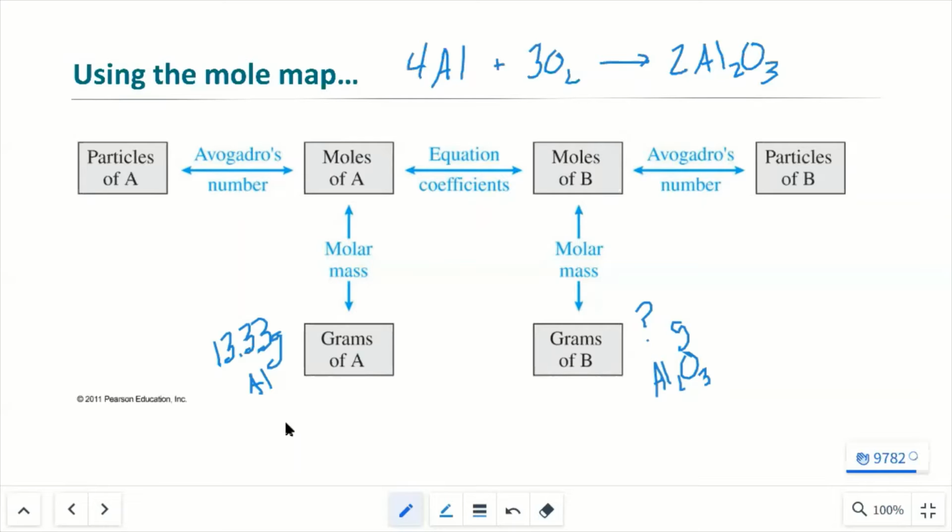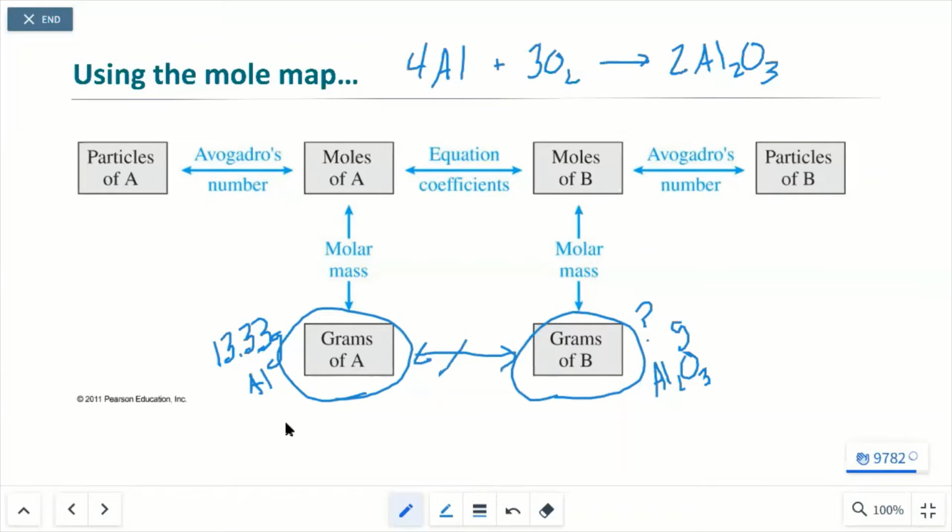Following the mole map, we can see there's no way that I can go directly between the two. I can't convert the aluminum into aluminum oxide with one simple calculation. There's no connectors between grams and grams, at least not in a single easy step.